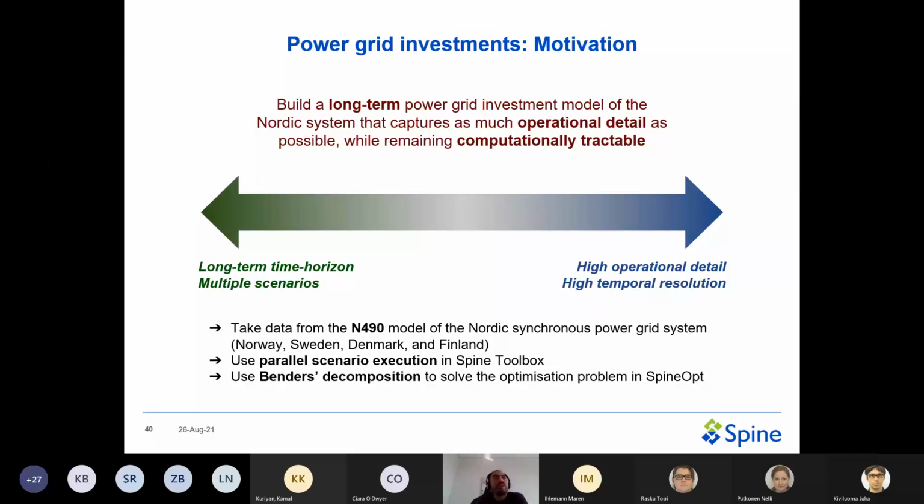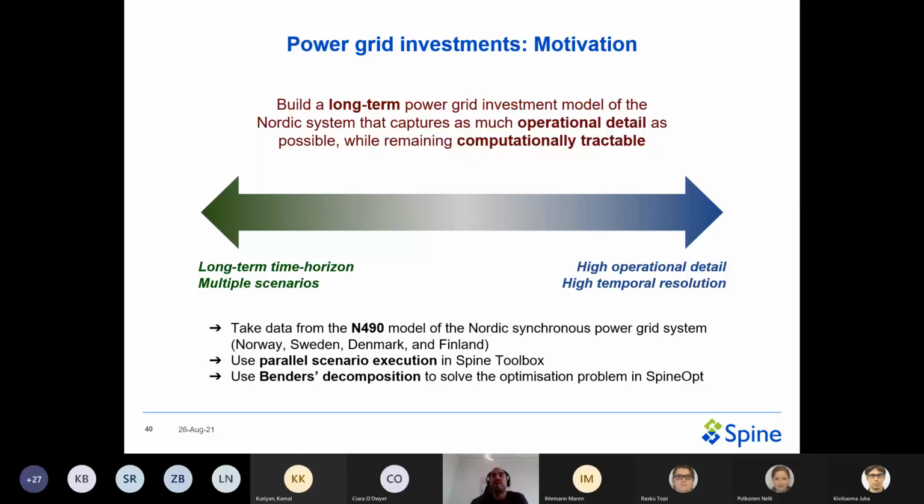What we will do in practice is take data from the N490 model of the Nordic synchronous power grid system that we have developed at KTH for a number of years. It's basically a spatial disaggregation technique that we are using to compute parameter values for generators and for lines, increasing the resolution, if you want.